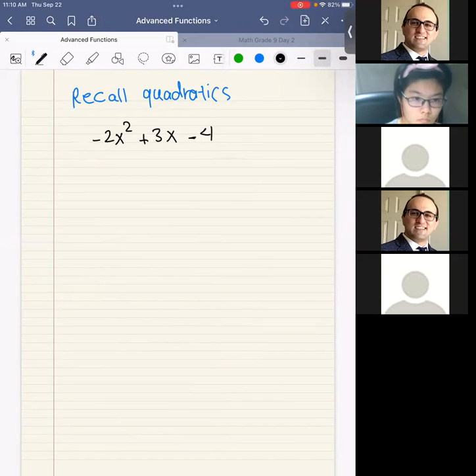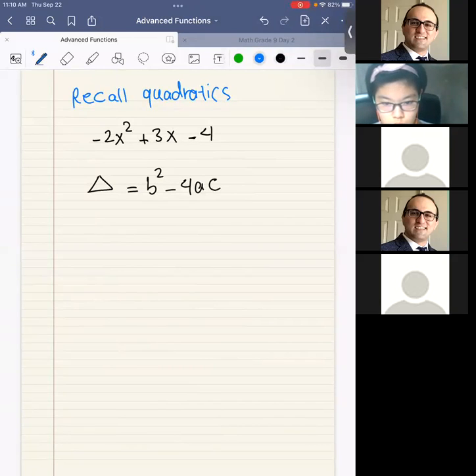If you have something like this, remember the quadratic formula. To find the roots, there is the discriminant, which we usually call delta, which is basically b squared minus 4 times a times c, where b is the coefficient of x. That is b, that is c, and that is a.